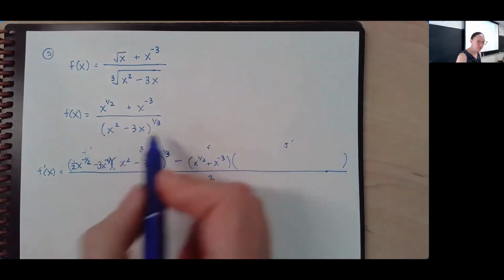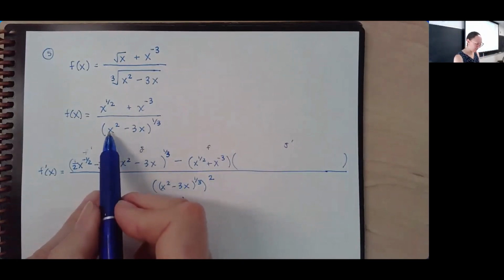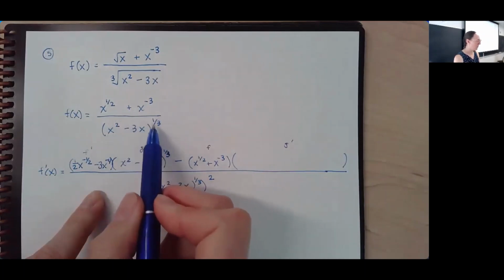When I take the derivative of the bottom, I'm going to need the chain rule. Or I can think about this also, the book calls it the general power rule, because I've got power rule stuff inside the parentheses raised to another power.